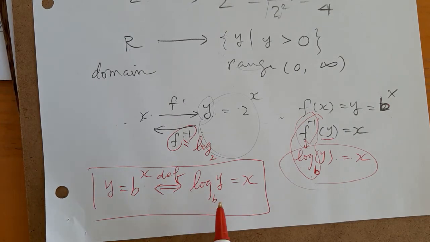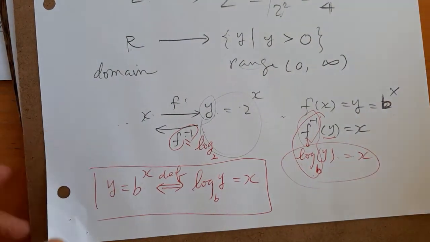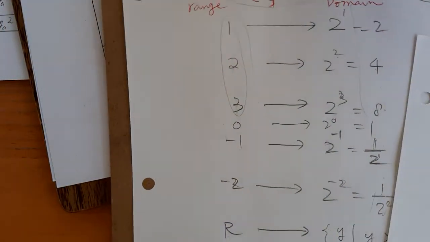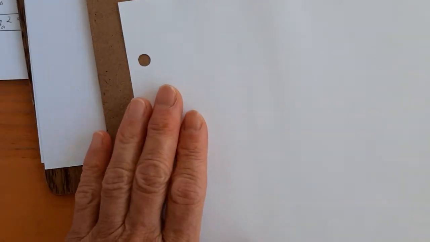Any exponential function you can change to logarithmic form, and any logarithm function you can change to exponential form. The logarithm function and the exponential function are inverse functions of each other. So from here, you get the first formula.